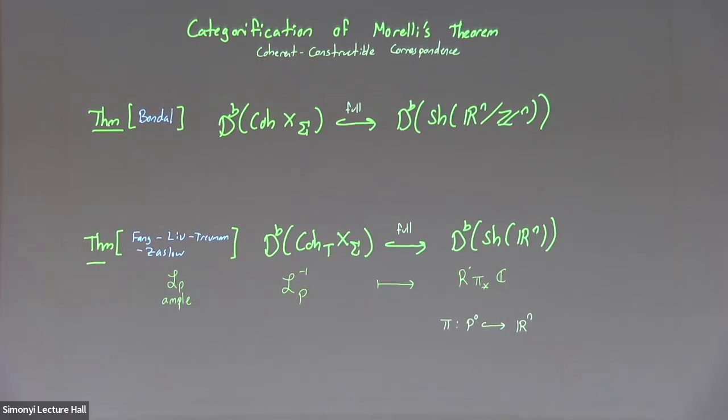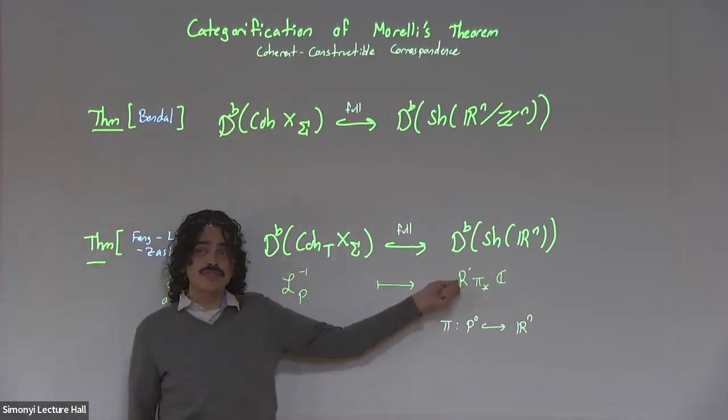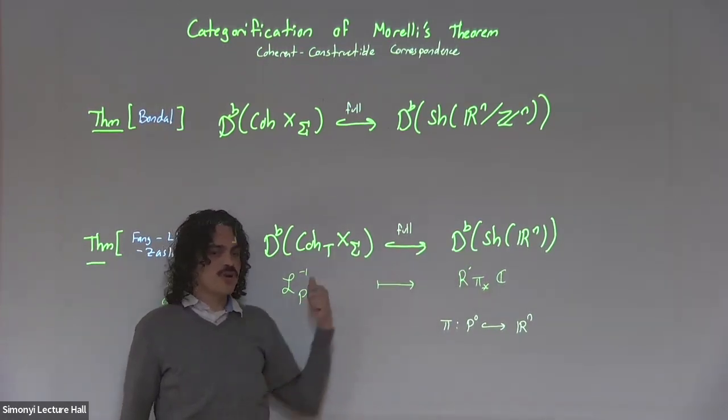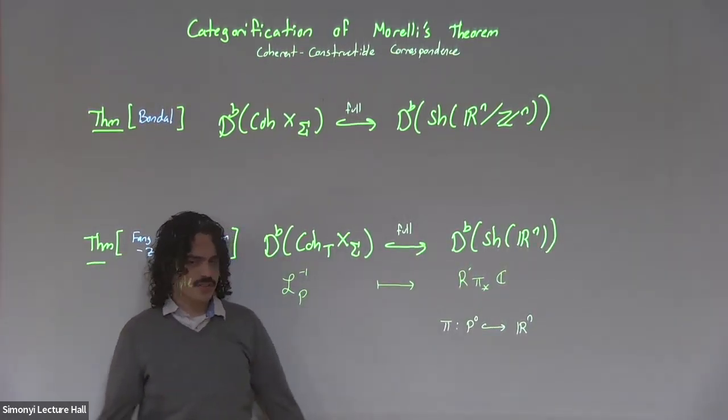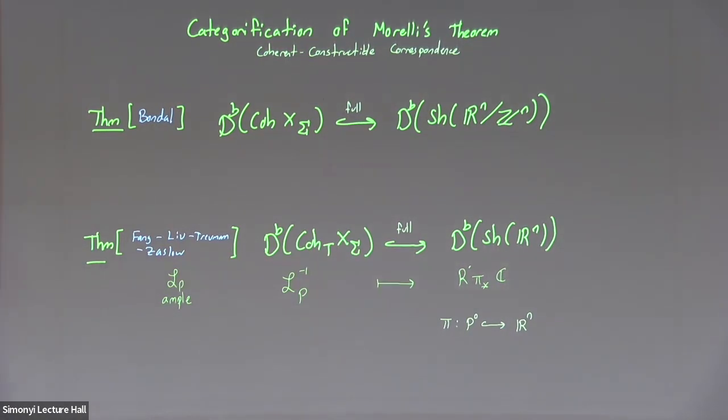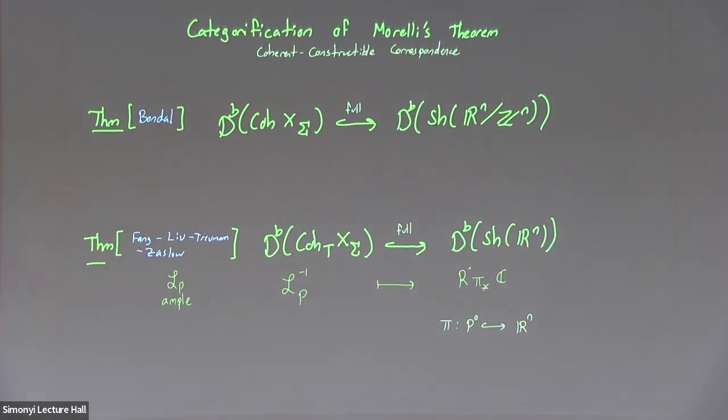So they completely describe the image. Is there a description in terms of sheaves and stuff like that? Yeah. So this thing appears in the literature, it's called the co-standard constructible sheaf. And the other one goes to the standard constructible sheaf, which you can look up in David Nadler and Eric Zaslow as well.